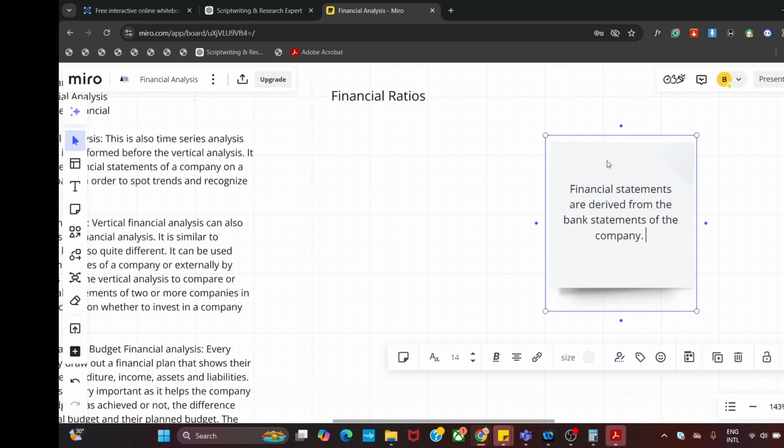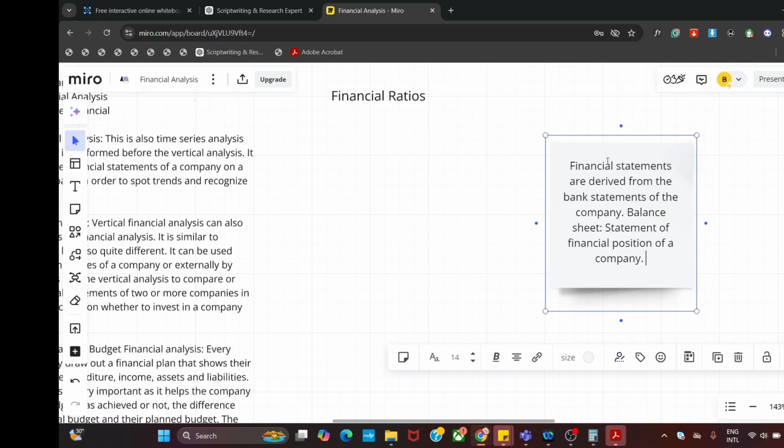Let's talk about the balance sheet. Another name for the balance sheet is the statement of financial position of a company.